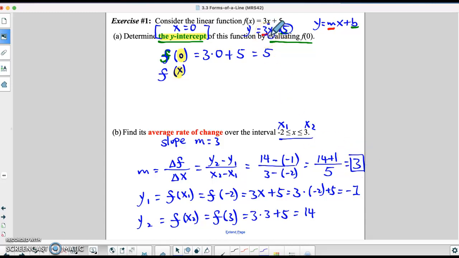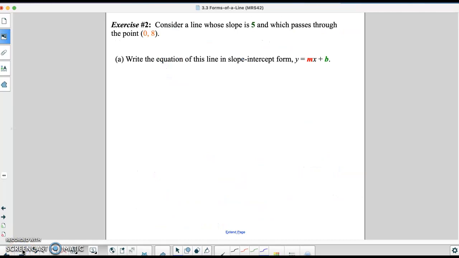Take a look, it is 3 because we can also read it from the equation. See, there are different ways to find the slope. Obviously, we don't want to go the longer way. If we know what the slope form looks like, we can identify the slope and y-intercept from the equation directly. Okay, now let's take a look at our second question.